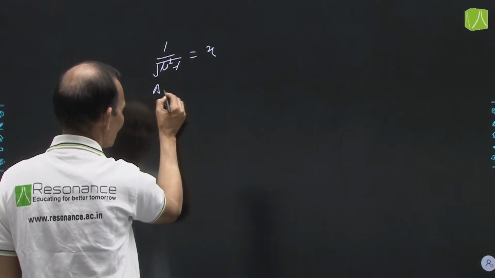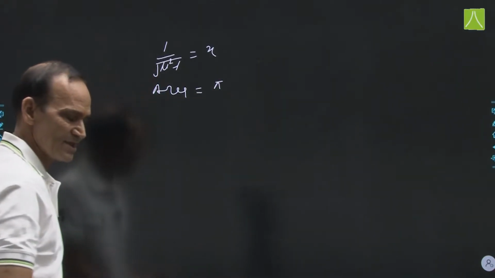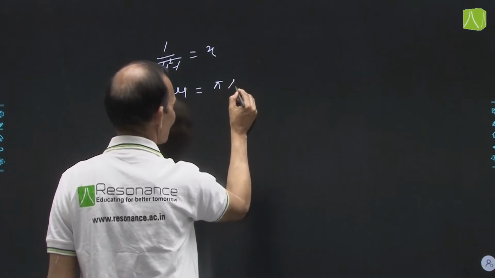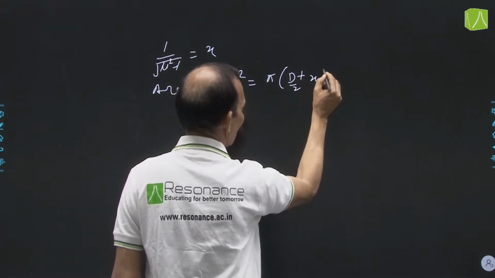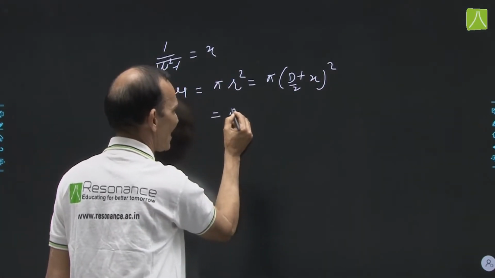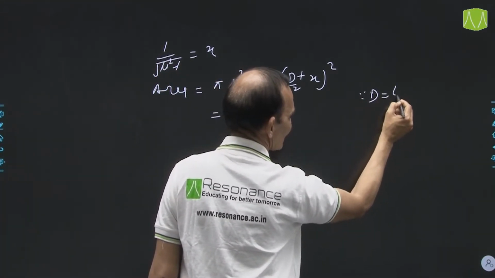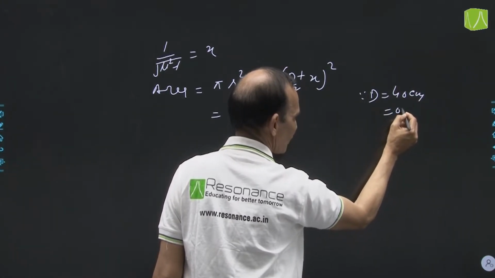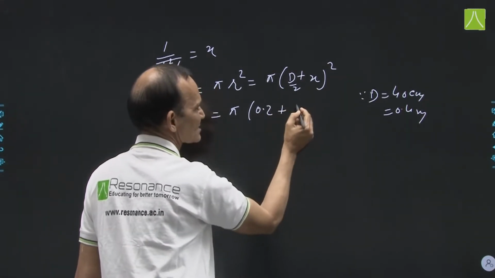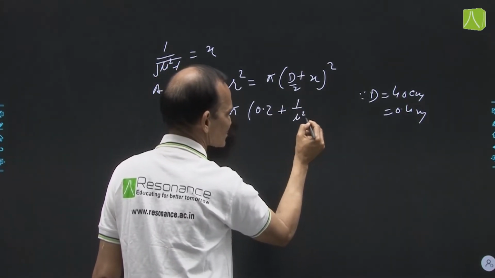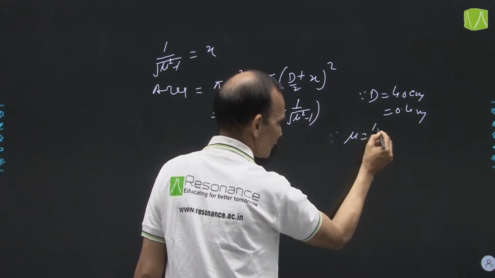So what is the area? Area is equal to pi r square, meaning pi times d by 2 plus x, whole square. D is 40 centimeter, meaning 0.4 meter, so that is pi into 0.2 plus x, 1 upon root of mu square minus 1, because mu is 4 by 3.